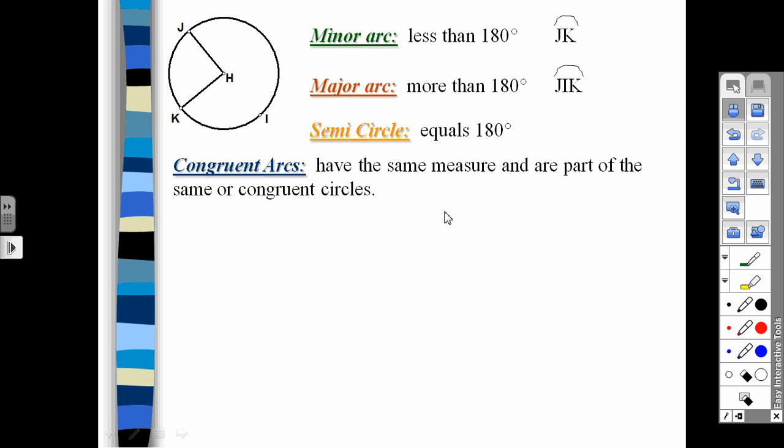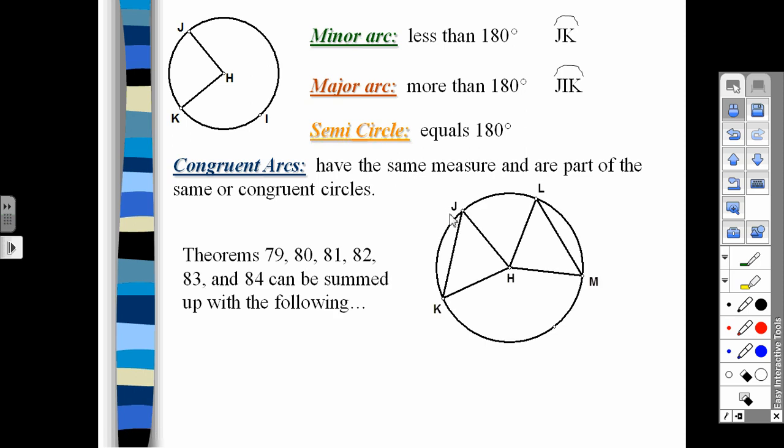Okay? Now, what I've done for you here is I've taken these 6 theorems and I've combined them all as one to make things a lot easier for us. If you wanted to, you can go look at your book. They have them all laid out, all 6 individually.